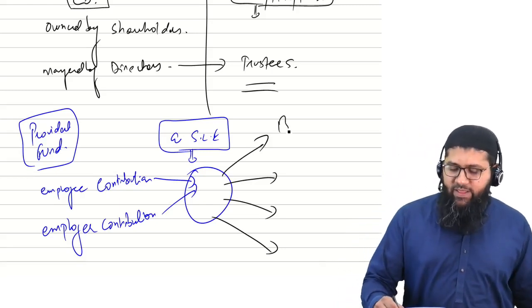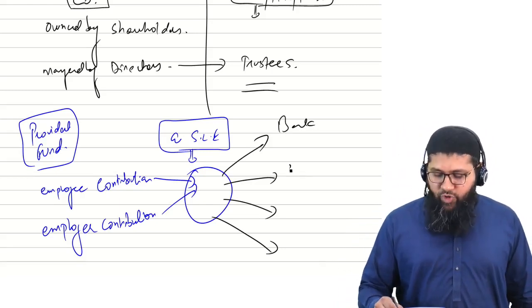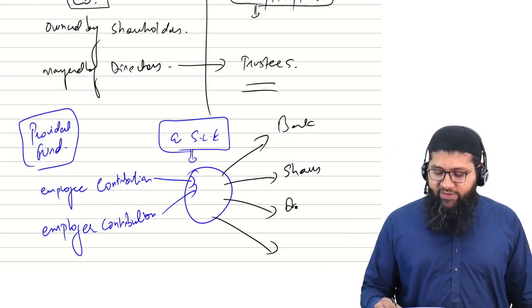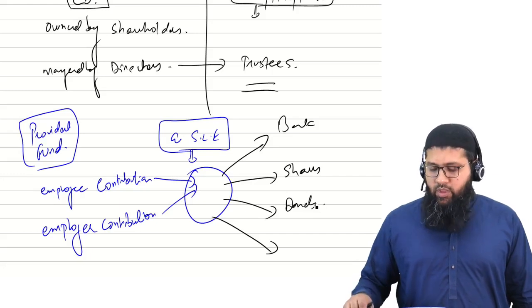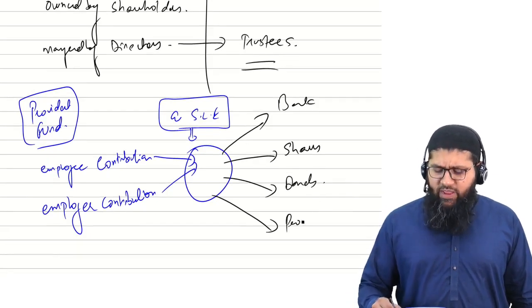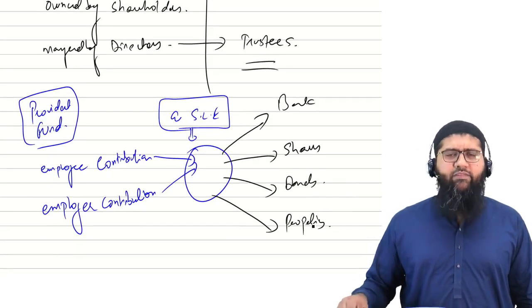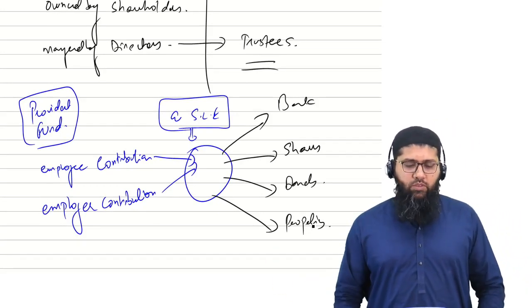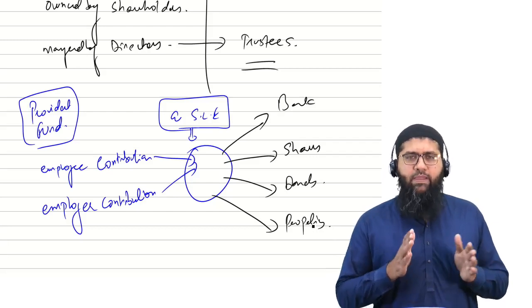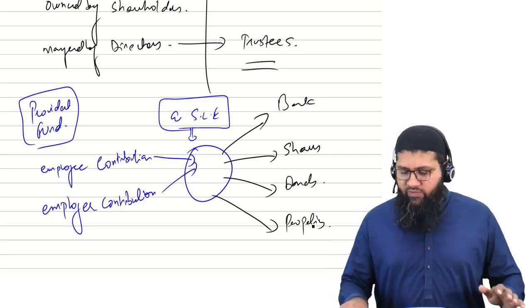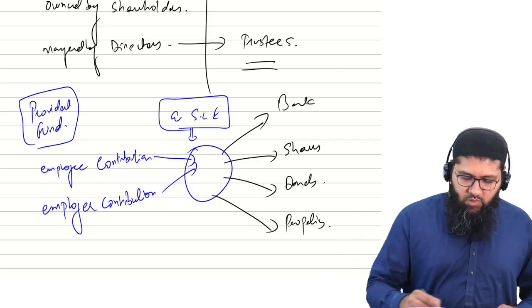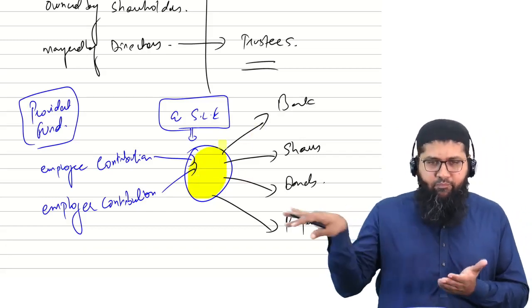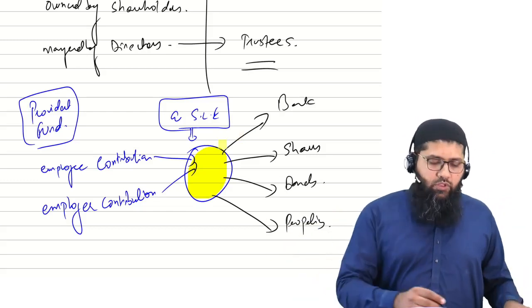It could be invested in a bank, in shares, in bonds, in properties, etc. There could be multiple types of investments.